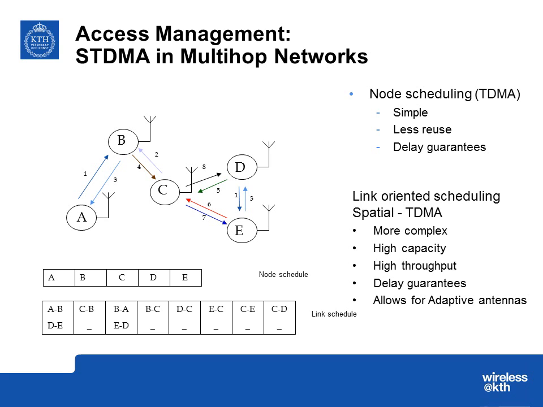Whereas link-oriented scheduling or a spatial TDMA scheme is a little bit more complex. It provides high capacity, throughput, and can also get delay guarantees, and as we will see later, it can also allow for the combination of scheduling and adaptive antennas or directional antennas.